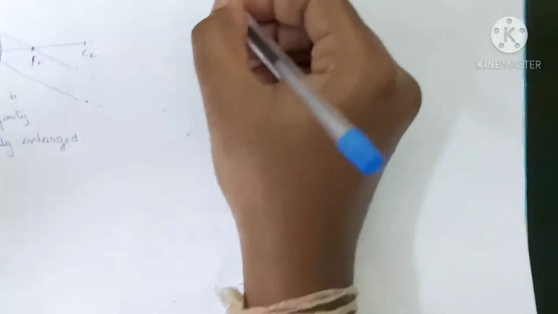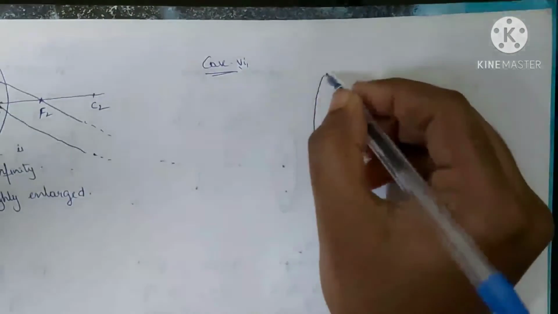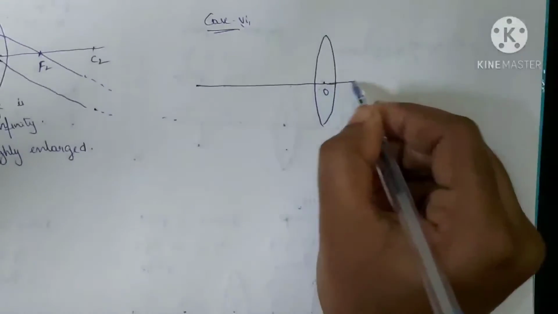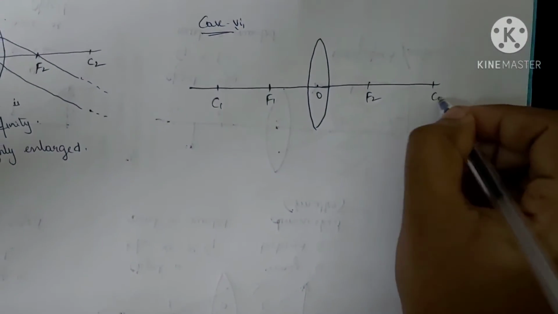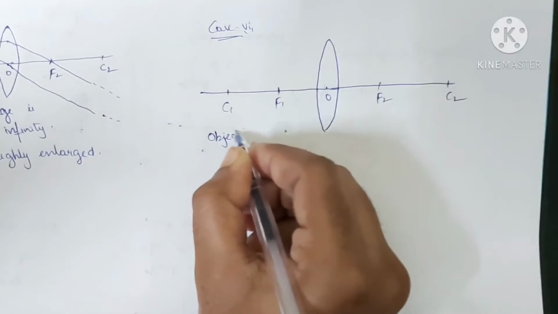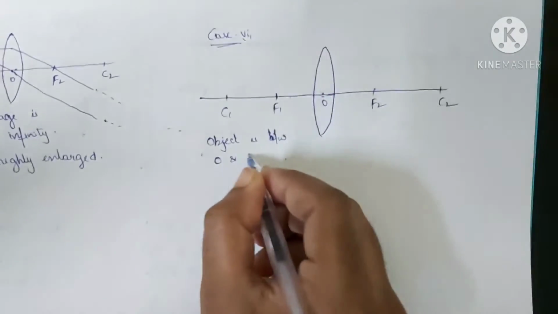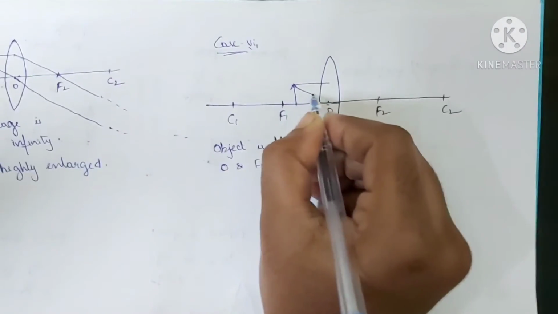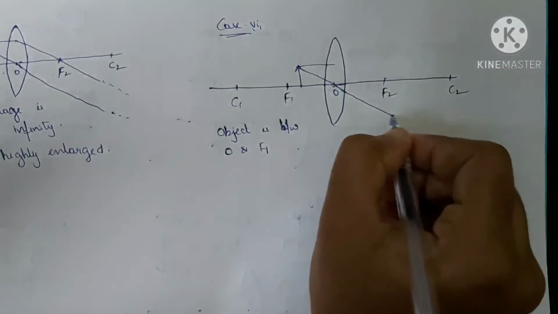Then we'll see the last case of the convex lens, case 6. Optical center O, principal axis, F1, C1, F2, C2. Now the object is between the optical center and the focus point F1. If I place it over here, one ray goes parallel to the principal axis and one through the optical center, with no refraction.